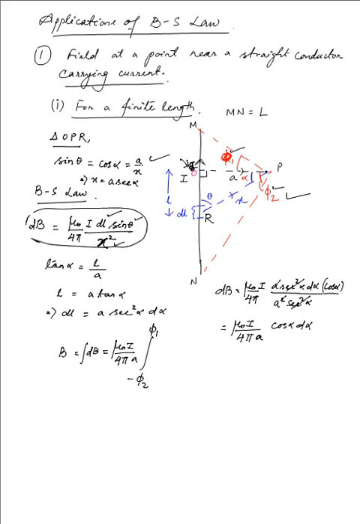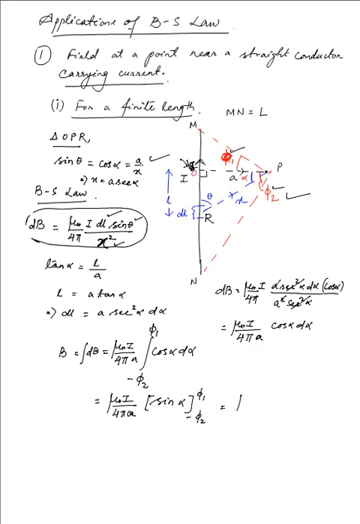So it is from the bottom to the top, that is from minus phi 2 to plus phi 1, cos alpha d alpha. Now obviously the integration of cosine is going to be sine, just with a positive sign. So this is sine alpha taken from minus phi 2 to plus phi 1.